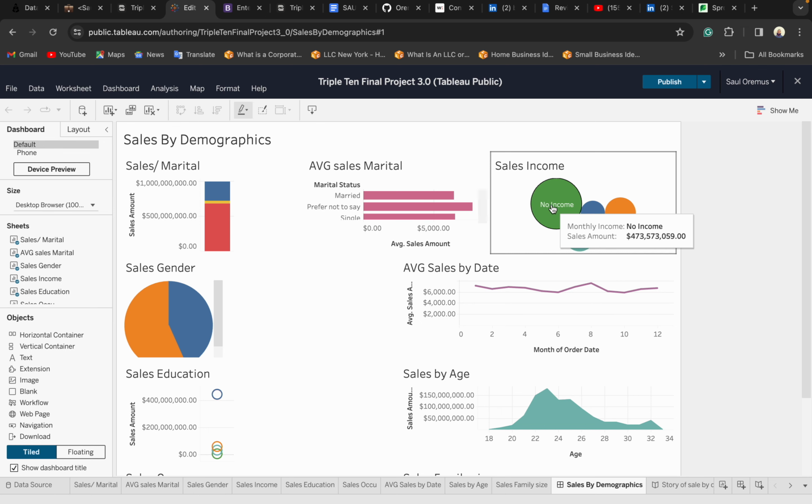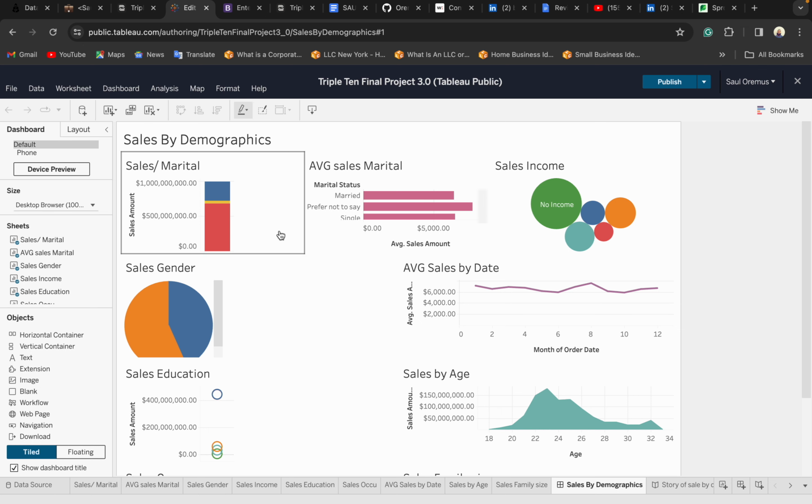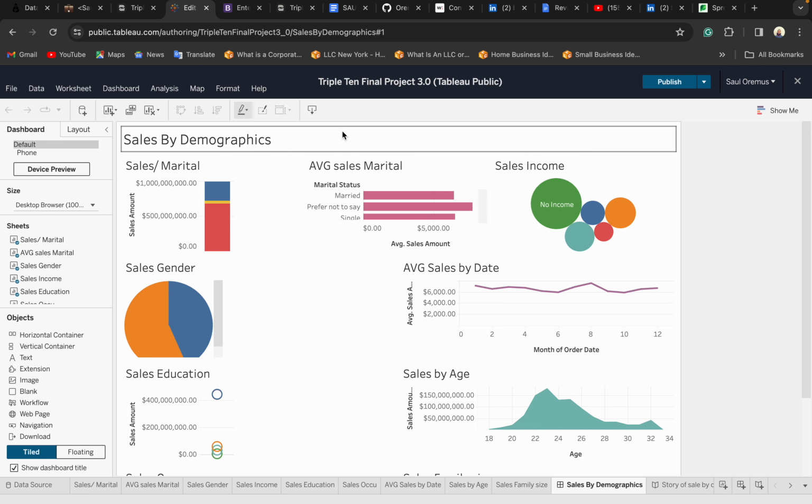Just the no income group alone makes up more than the two highest, which would be 25,000 to 50,000 and 50,000 above, combined. So people with no income seem to be the bulk of our purchasing, and make up the most of our sales.